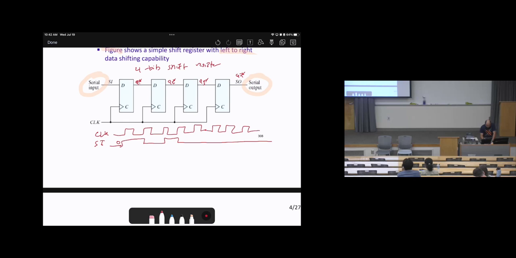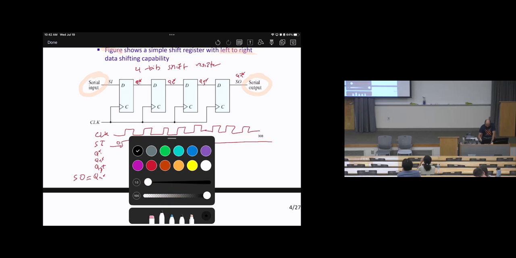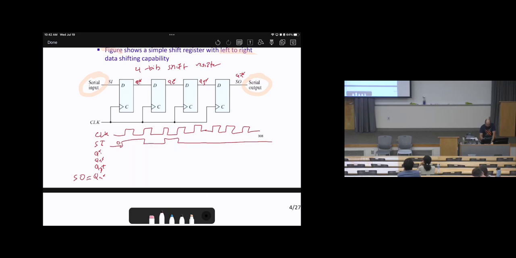Then we need to determine Q1 star, Q2 star, Q3 star, Q4 star, which is the same as the serial outputs. We need to determine all of this. Keep in mind the updates happen at the positive edge.